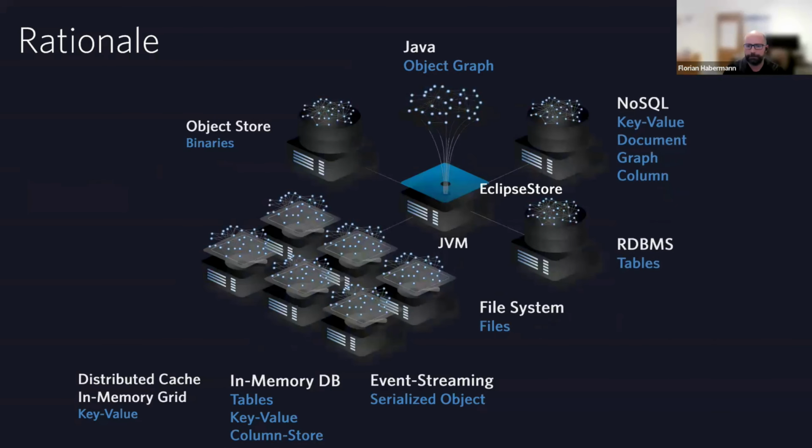Because it is a new, unique storage technology which differs from the database servers which are on the market. We do store the Java object graphs natively, which means similar to how they are kept in the RAM on the heap by the JVM, by the Java virtual machine, without any transformation to an incompatible data structure.